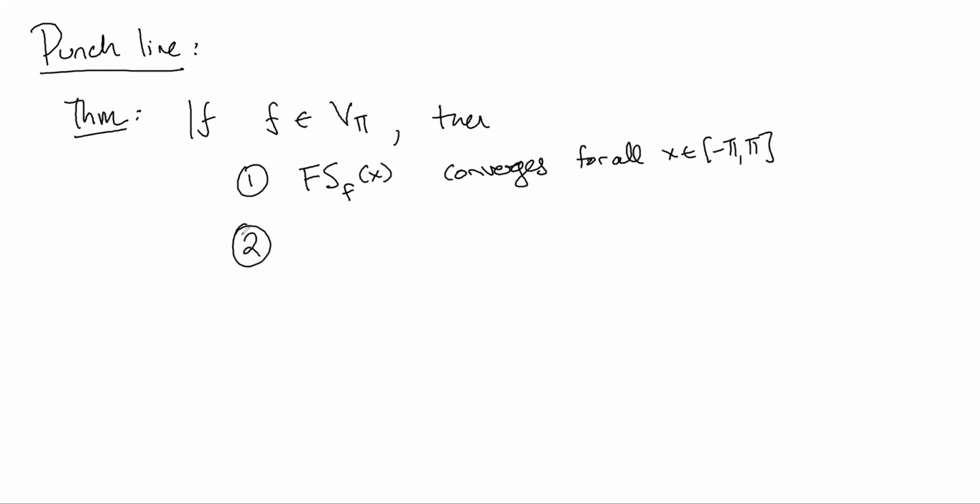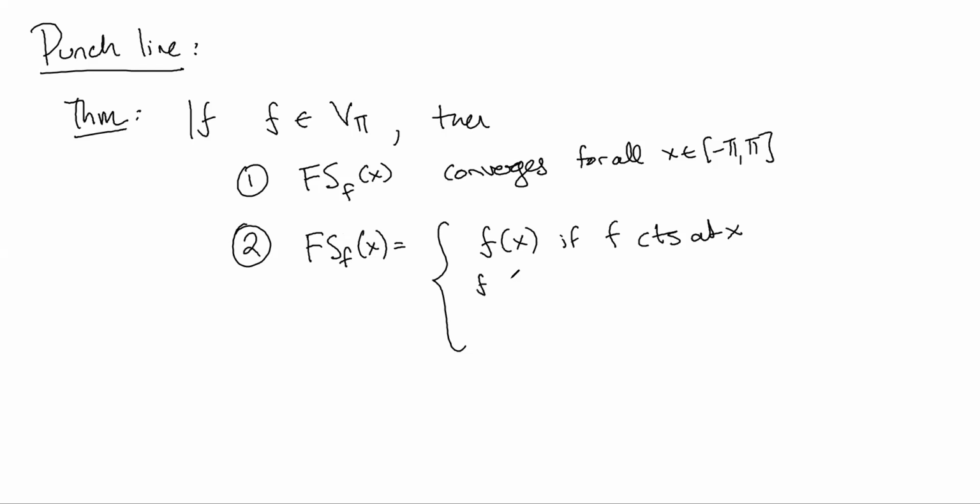And it converges to the right thing. So it equals f of x if f is continuous at x. If it's discontinuous, it equals the next best thing, the average of the left and right limits. And you have to also handle the endpoints.